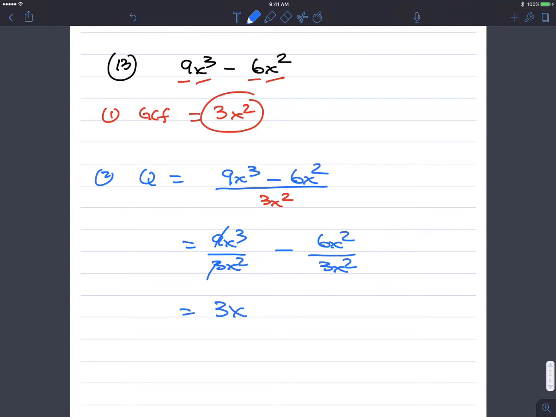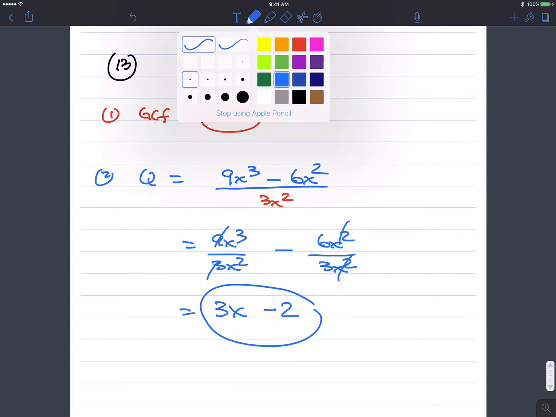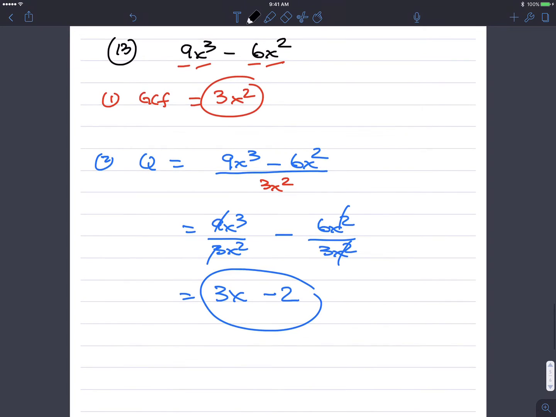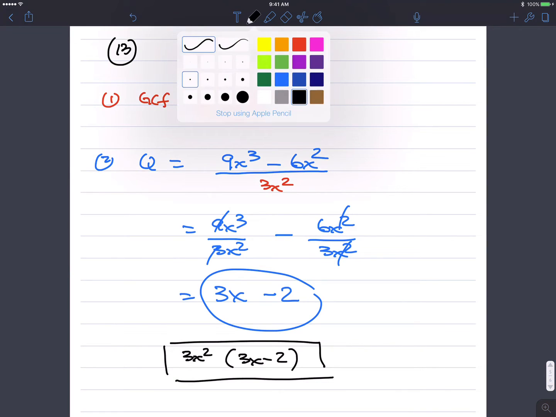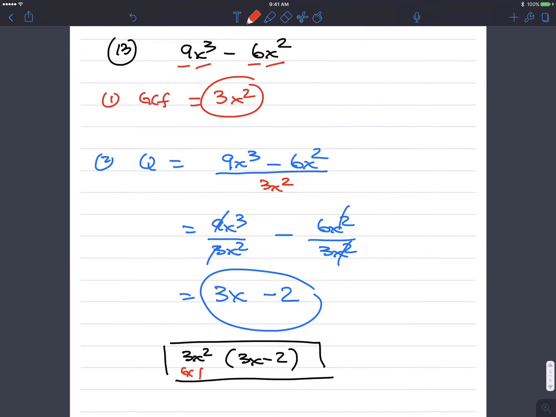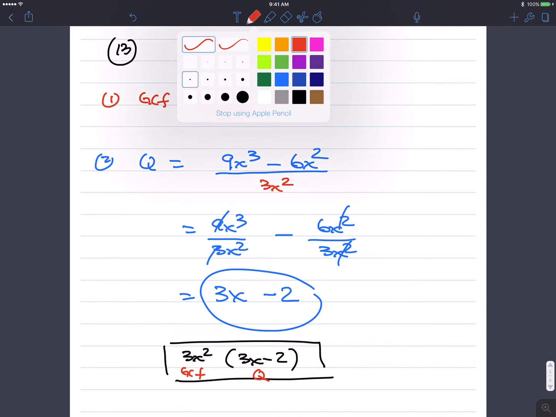That's x, good. X squareds cancel. 6 divided by 3 is, that's 2? All right, last step, final answer step. We have what? 3x squared times 3x minus 2. Okay, greatest common factor times the quotient. All right, I'll write it down here again. Anybody have any questions on this one?